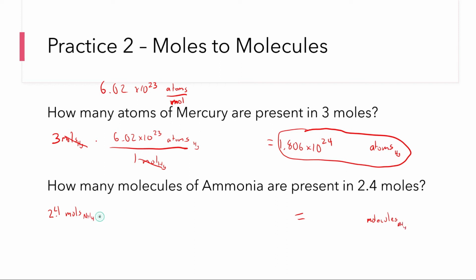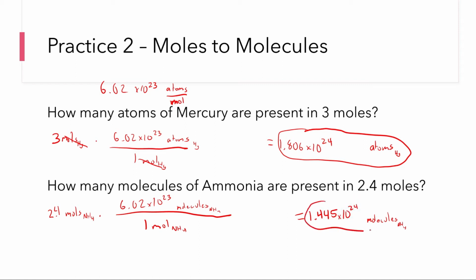This one, same deal, we just multiply by 6.02 times 10 to the 23rd, and that would be molecules of ammonia per 1 mole of ammonia. And when we do that out, we get 1.445 times 10 to the 24th molecules of NH4.